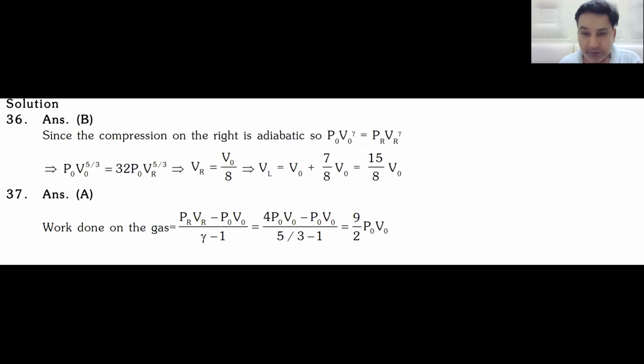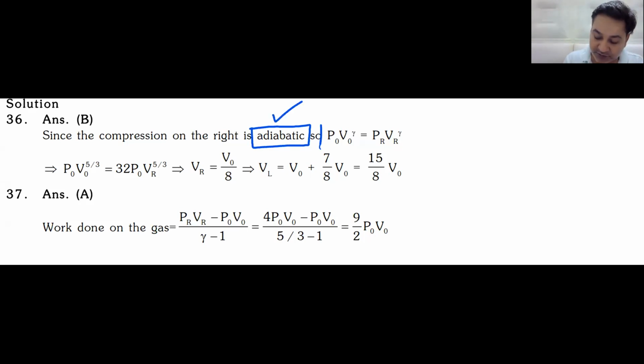So basically, how are we going to solve this one? Remember, we don't know what type of process is happening on the left hand side of the chamber, but we definitely know what is going to happen on the right hand side of the chamber. What type of process is happening here? Adiabatic process.